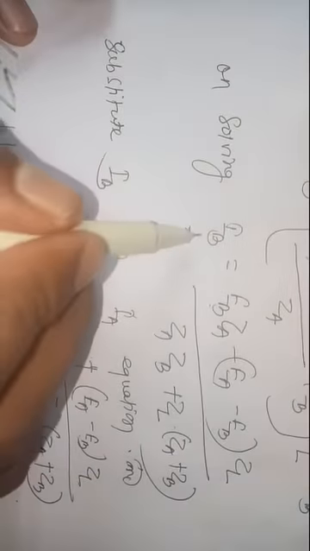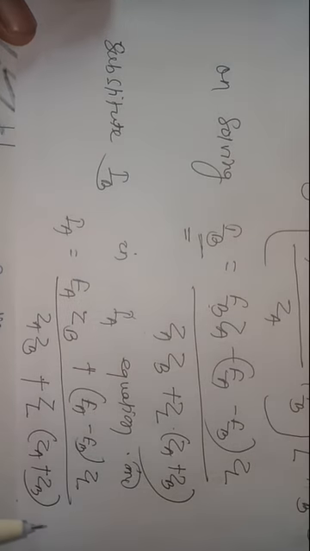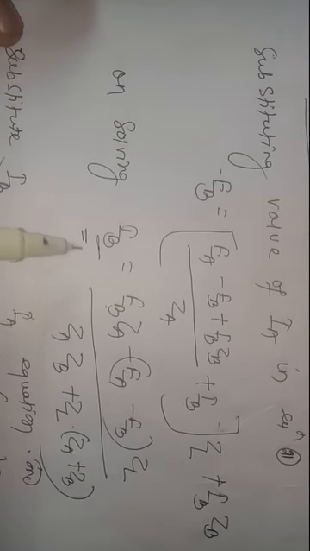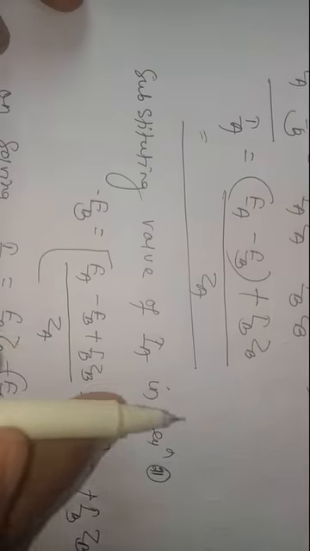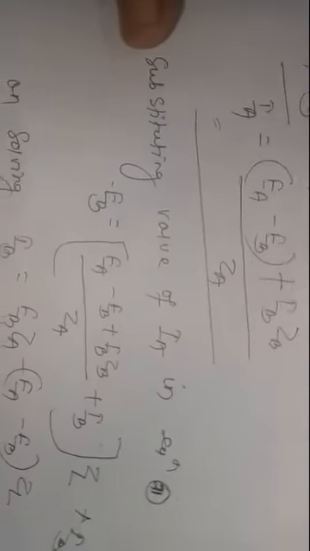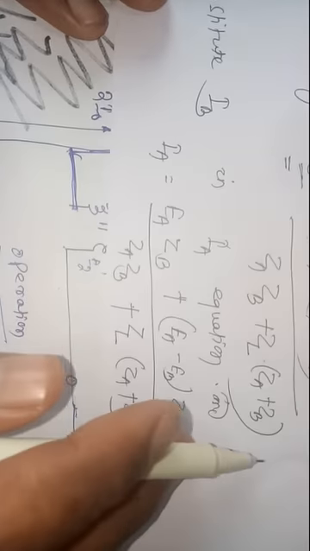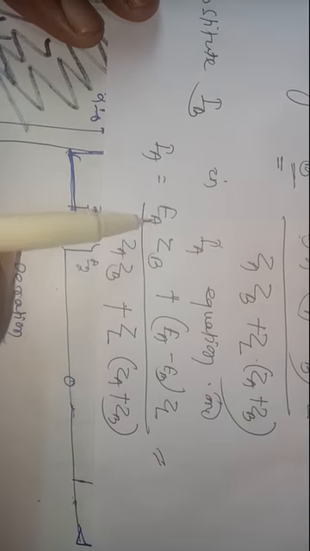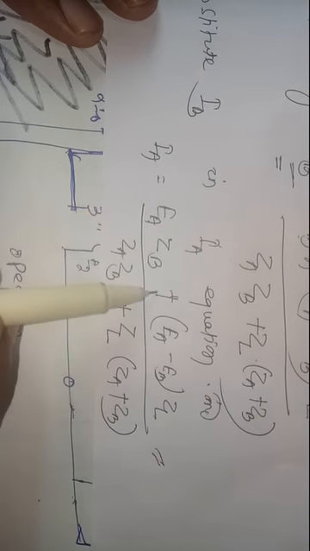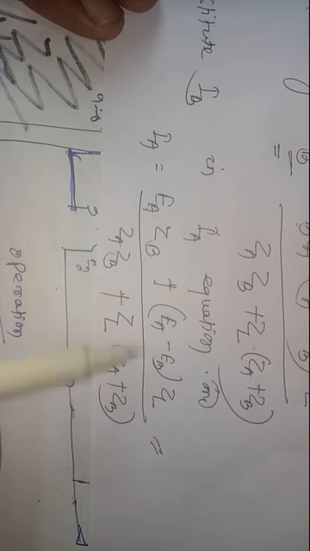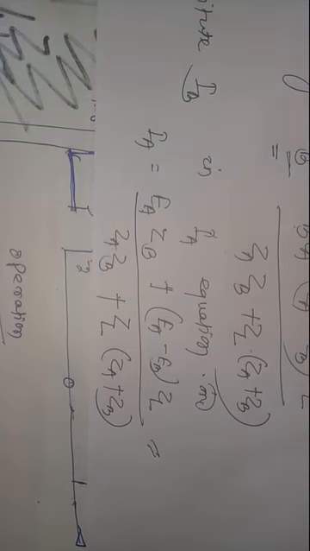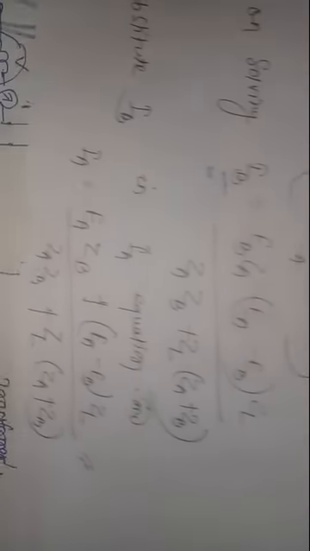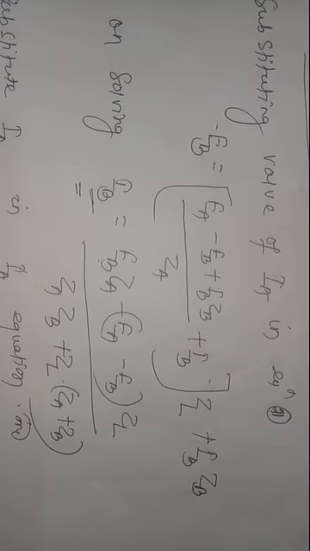If you substitute the value of IB in the IA equation, you will get the value of IA as EA into ZB plus EA minus EB into ZL, divided by ZA into ZB plus ZL into ZA plus ZB. This is how the currents IA and IB are calculated.